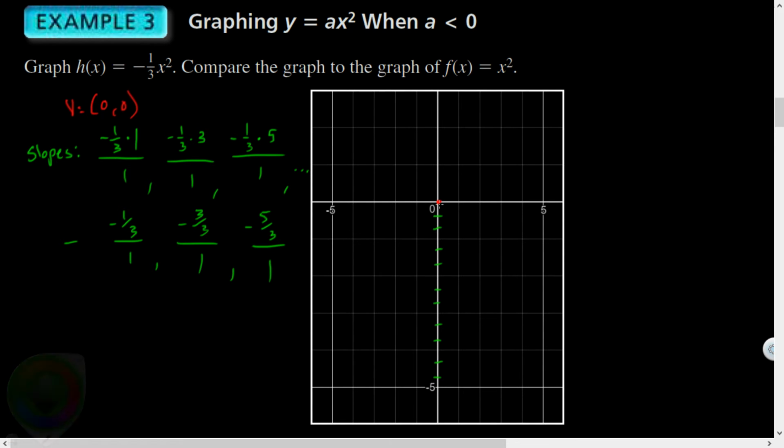So now when I move by my slope, I'm going to go down one of those thirds and over 1. Right there. Then I'm going to go down 3 of those thirds. So that's 1, 2, 3 thirds, and over 1. And then I'm going to go down 5 of those third tick marks, all right? 1, 2, 3, 4, 5, and over 1. And that one actually landed on the normal grid.